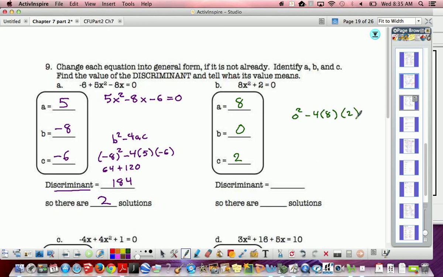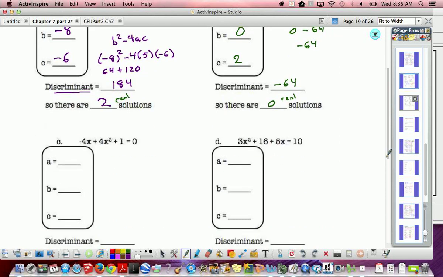So on this one, I'll have 0 minus 64. So my discriminant is -64. In this case, there are 0 real solutions. Over here, this is 2 real solutions. We actually do have solutions, they're just going to be imaginary or complex solutions.